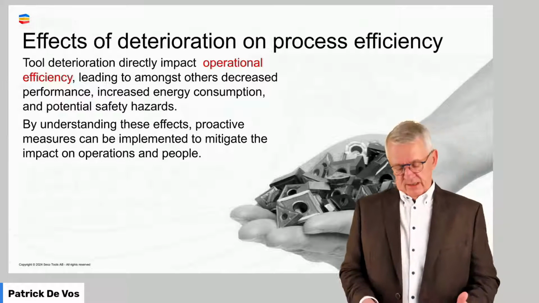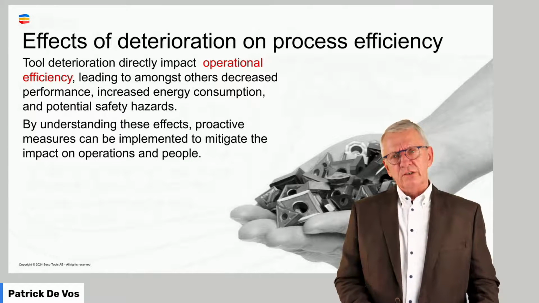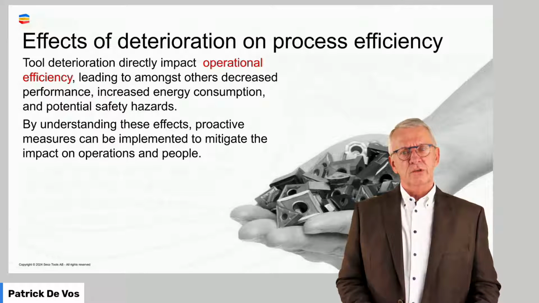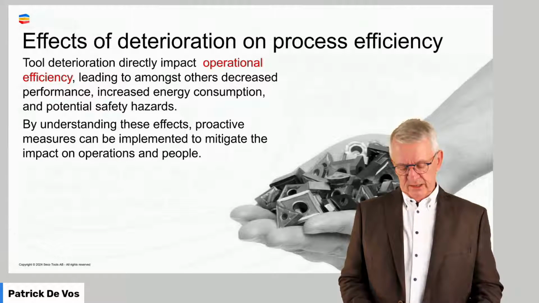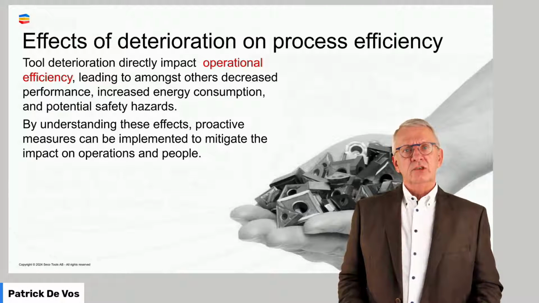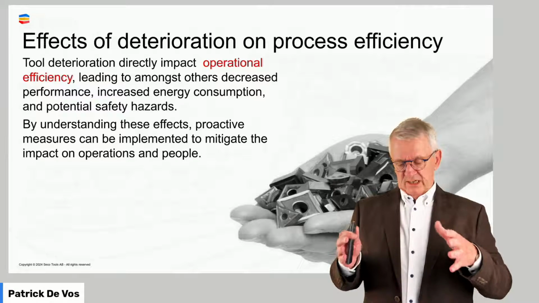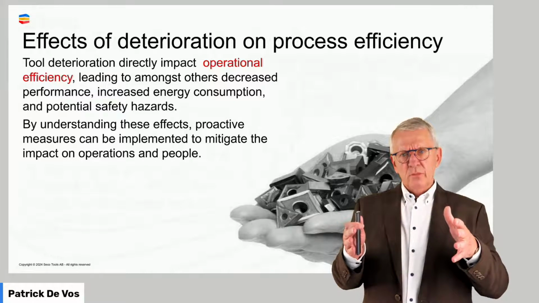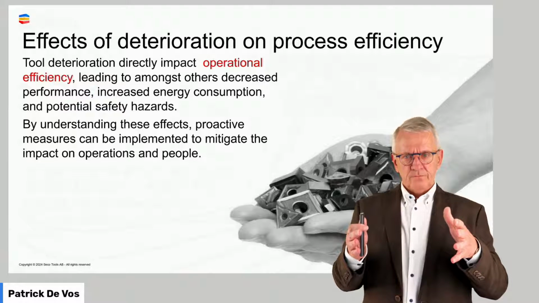Because the tool deterioration, in whatever form, we will define in a couple of minutes the different forms of deterioration we could work with, tool deterioration is going directly to impact operational efficiency. Because you made a planning, you thought this and this and this, and that planning you made supposing that everything was going to function well.